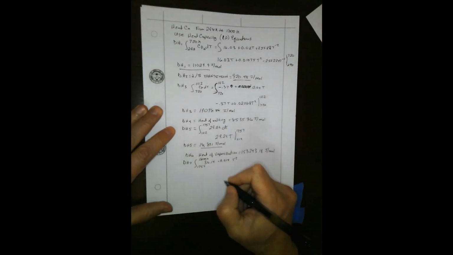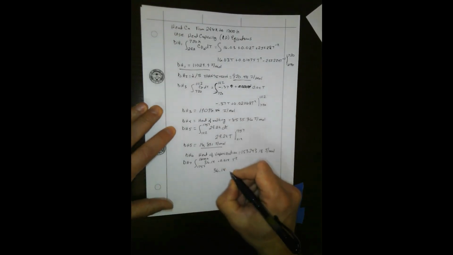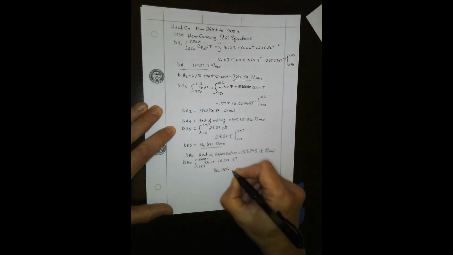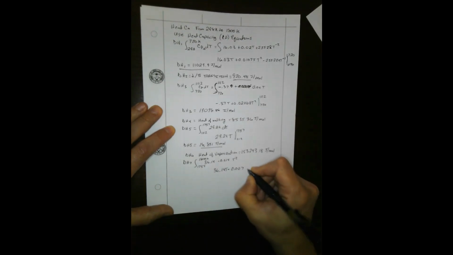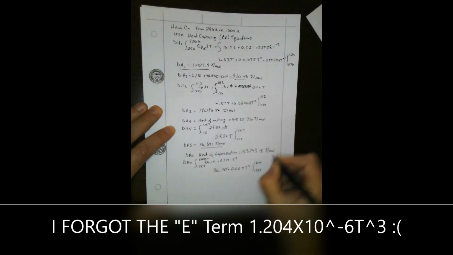All right, so we're calculating delta H7, and that gives us the integral here of 36.14 t minus 0.007 t squared, over the interval 1757 to 1800.